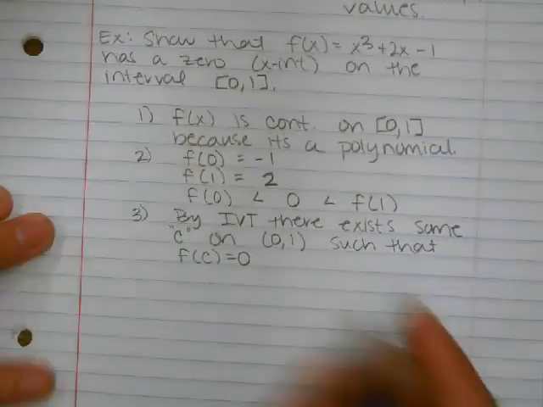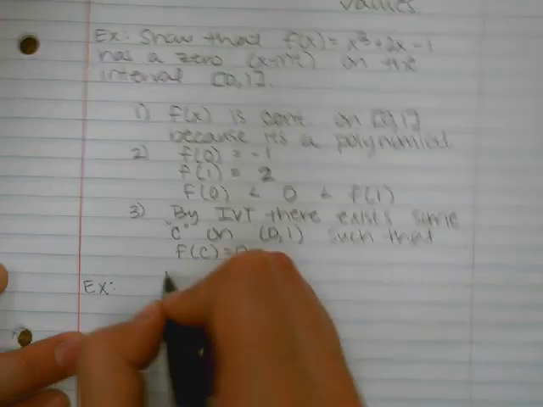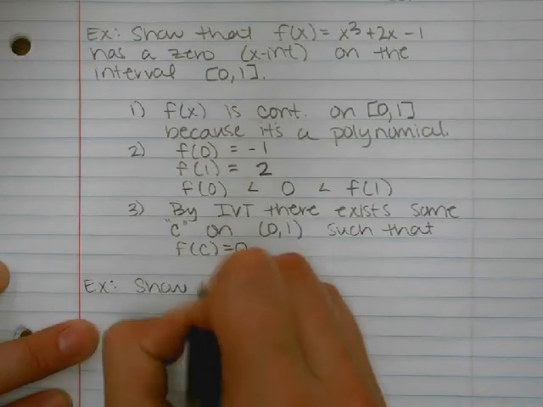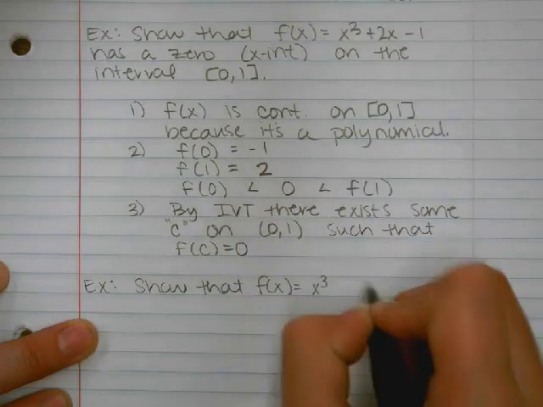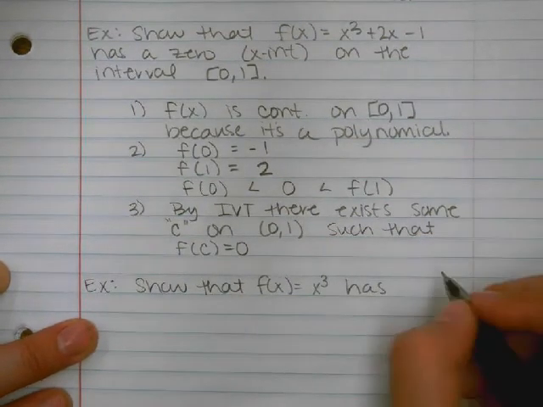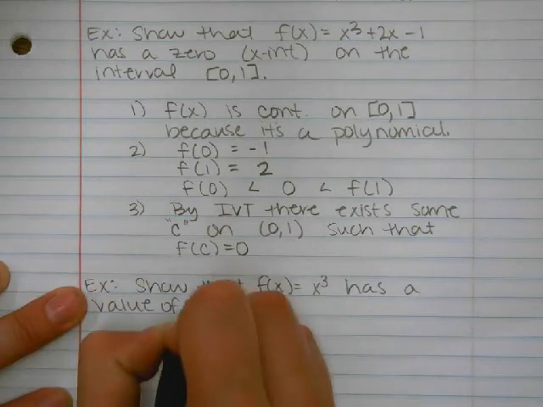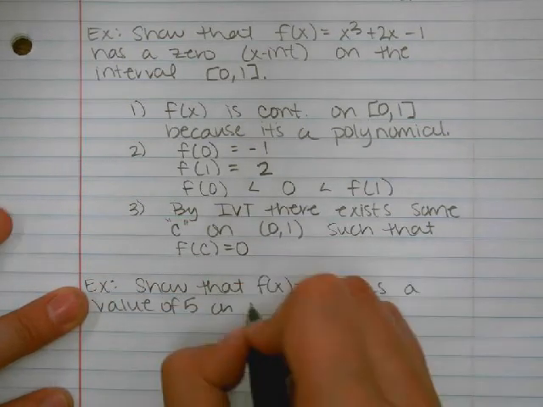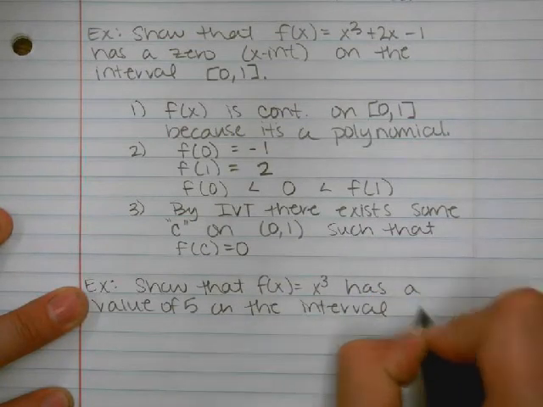Okay, we're going to do one more example similar to this. We're going to show that f of x equals x to the third has a value of 5 on the interval (1, 2).